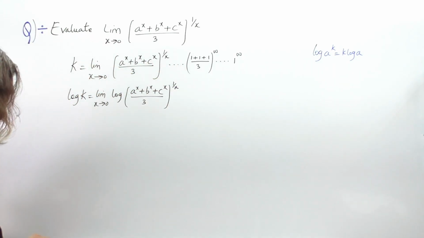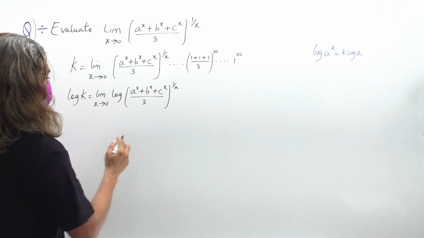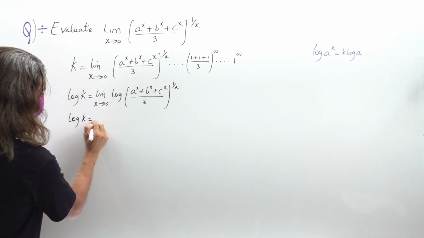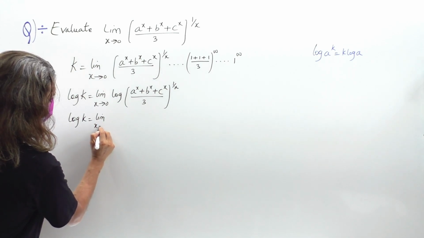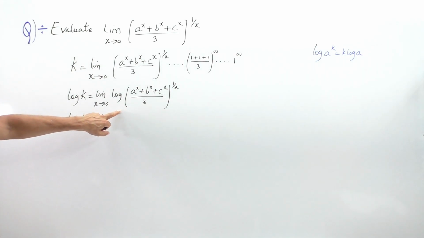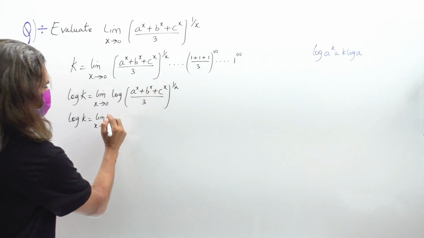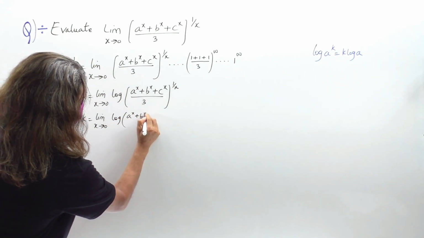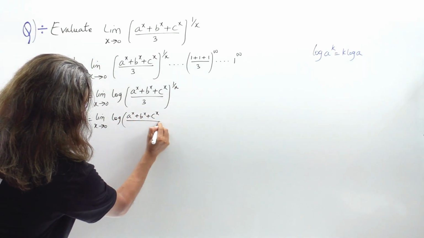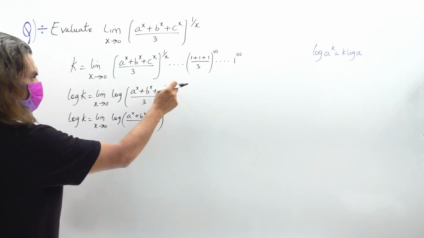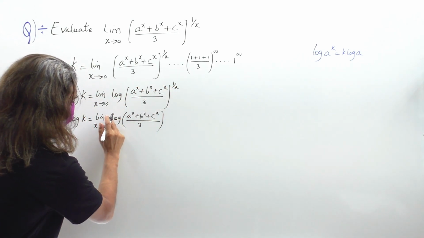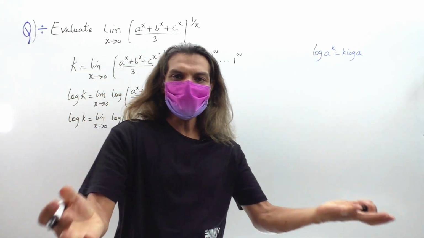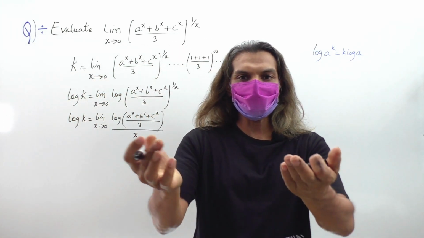Now, again, applying the principles of log, we have log of k equals limit as x tending to 0 of log of (a raised to x plus b raised to x plus c raised to x upon 3) into 1 by x. Into 1 by x means the x will come in the denominator. Yes, that's what we need for L'Hopital's rule: fraction, numerator by denominator.